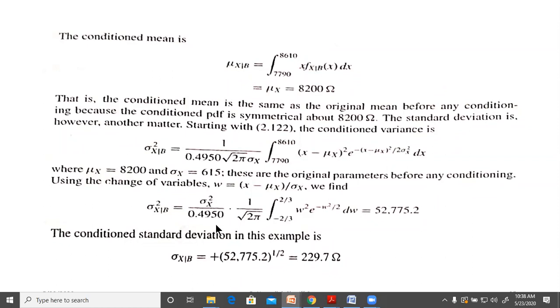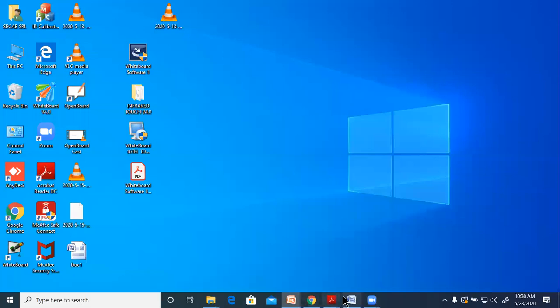If you multiply all that, you should be able to get this value. You need to check whether you are getting that. Once you get this, you can just take the root of that. We are left with 5 minutes. If you have any doubts, you can ask.